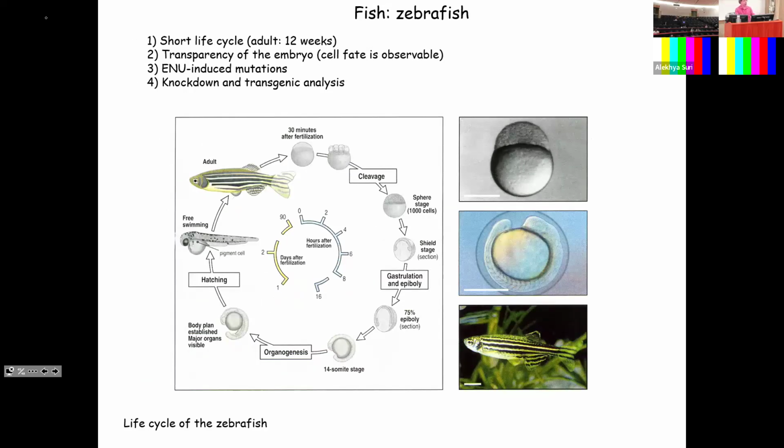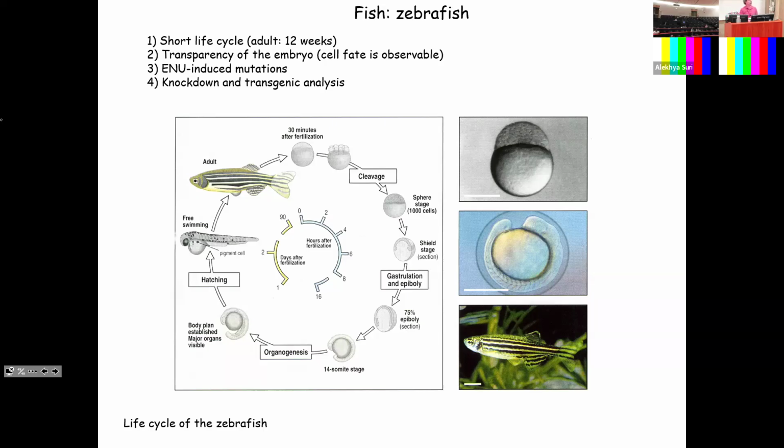Zebrafish, also very popular. It's very good for doing screening of certain compounds. For example, you want to study heart defects, and you have a library of different compounds, already prepared.